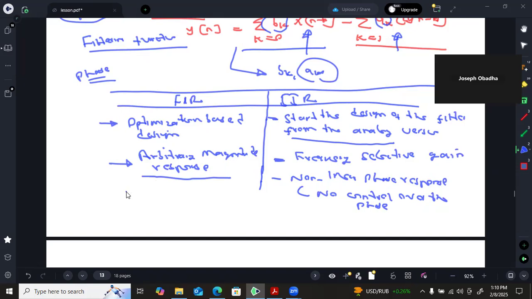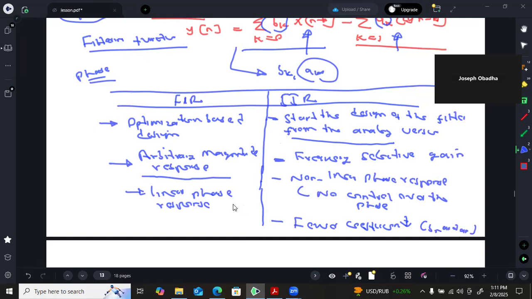But the FIR has a linear phase response. This results in less distortion. And because of the coefficients that we talked about, the IIR needs fewer coefficients because you have two sets of coefficients to play around with, the bn and the an. The FIR requires a larger n.